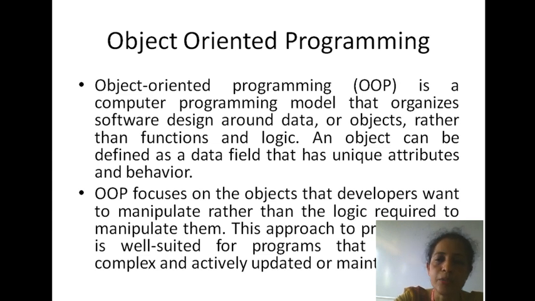In the case of object-oriented programming, data are defined as fields, which we can define as attributes, and its behavior is effective in object-oriented programming. When we describe the data related to the book, then book is described as one entity, and the behavior of the book object is described in the case of logic.